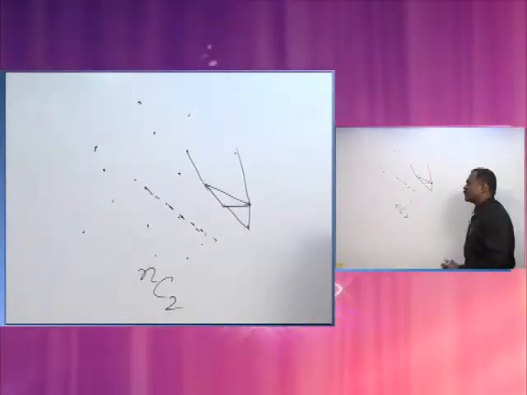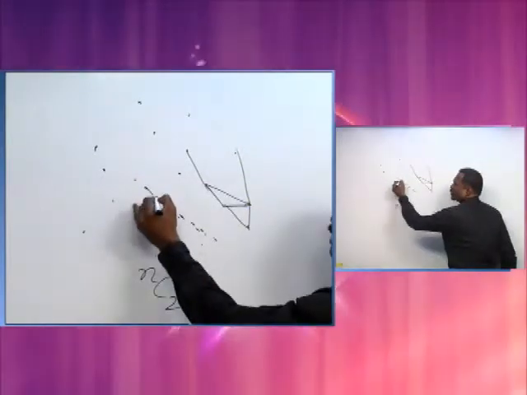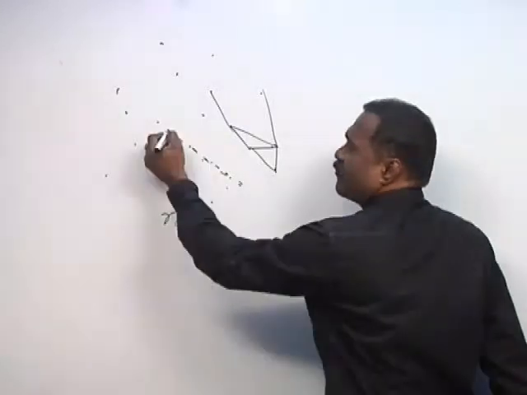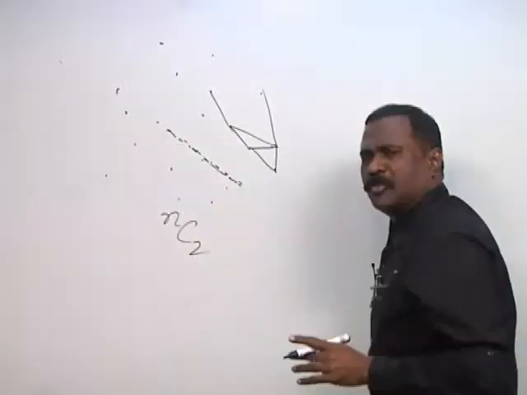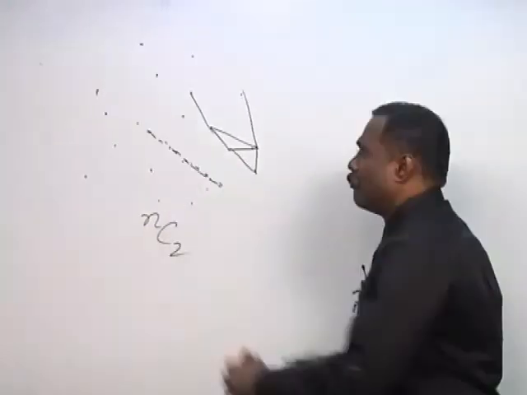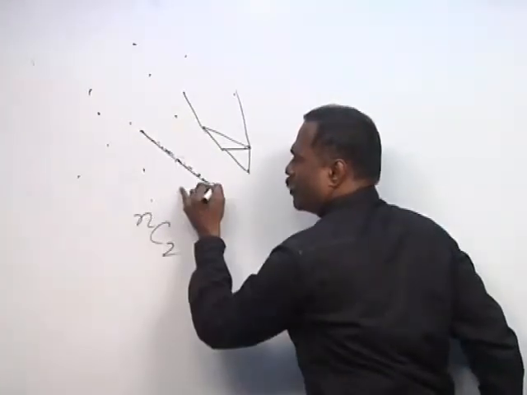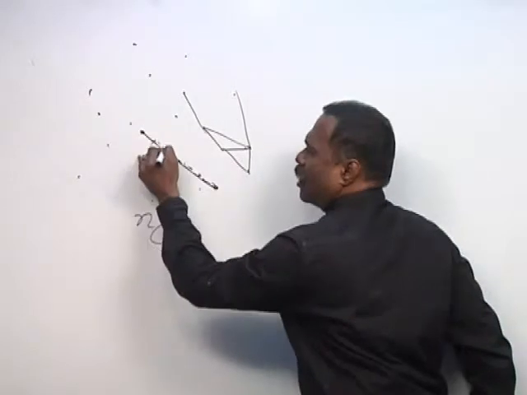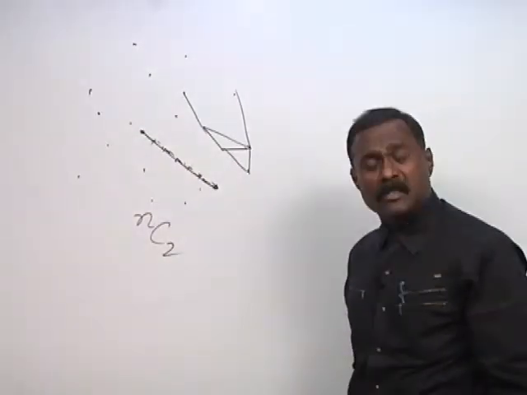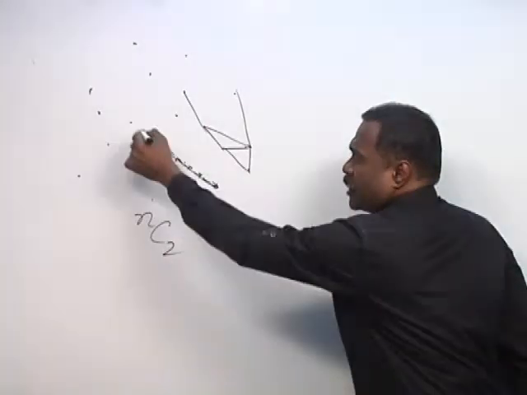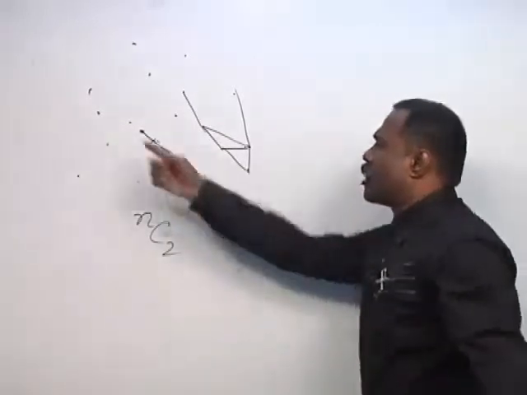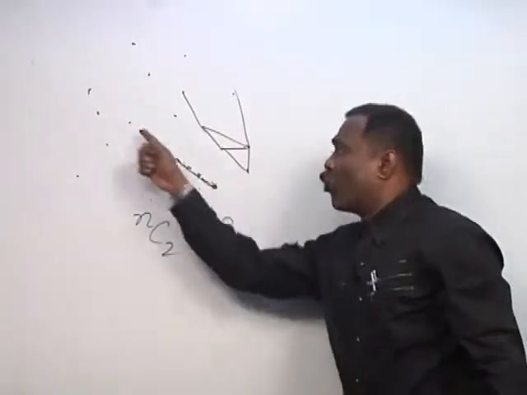But the problem is here, all these p points are lying on the same line. That means they will not form pC2 lines, but they form a single line because they are all lying on the same line. So understand, these pC2 are also included in this one, but they are not pC2 lines, but one line.